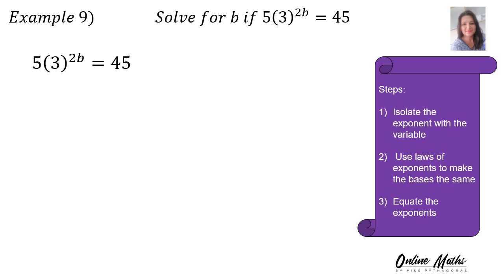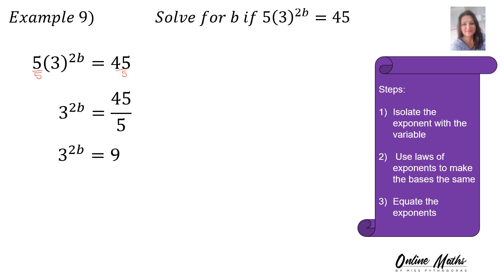So to isolate that one, we want to get rid of this 5 in front. And we will get rid of the 5 in front by dividing it away. And then we end with 3 to the 2b is equal to 45 divided by 5, which is 9.